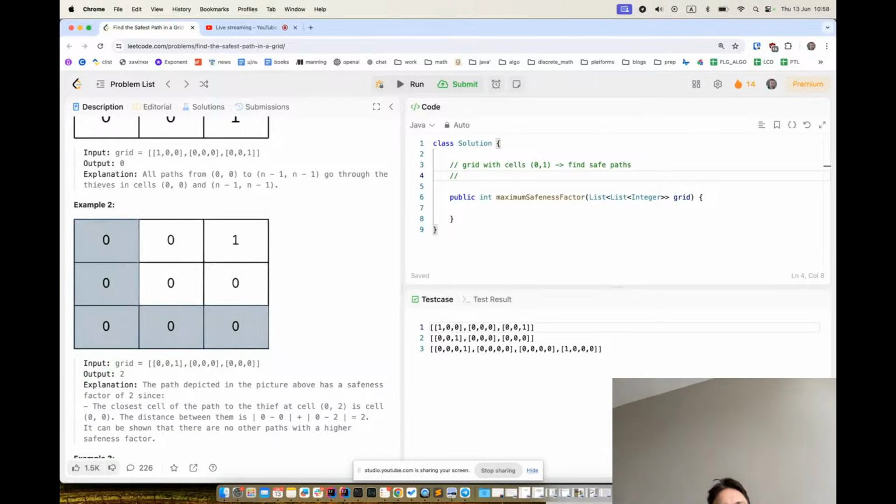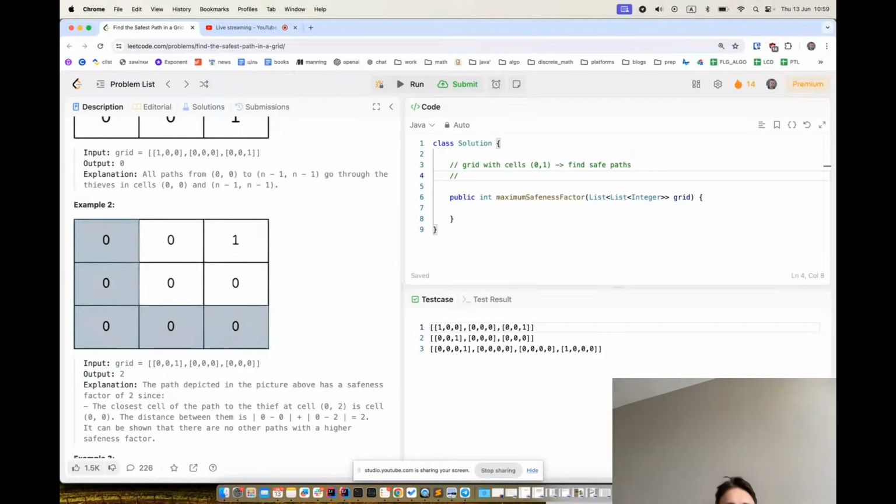Yes, the maximum value would not work, I think, because I have other values. So on one hand I have thieves on each position, and on the other hand I have paths.